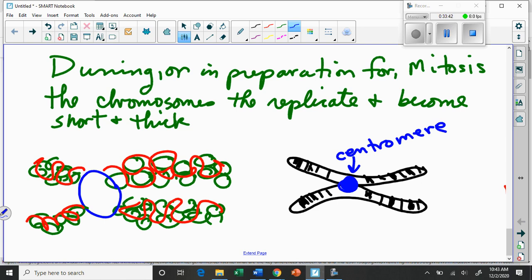And we have to have names for them. So we still call this entire thing a chromosome, even though it's actually two of them. And then we call each piece a chromatid. A chromatid used to be a chromosome when it was by itself, but then it copied itself and stuck to its copy, and now it's called a chromatid, and then two chromatids make up the new copied chromosome.